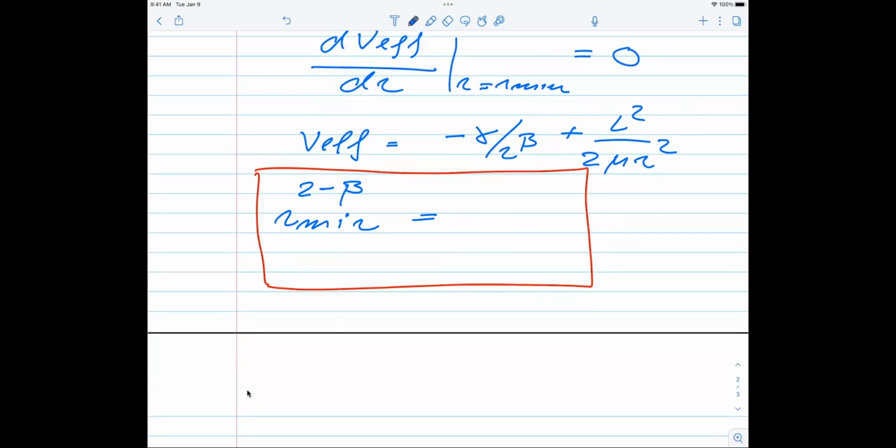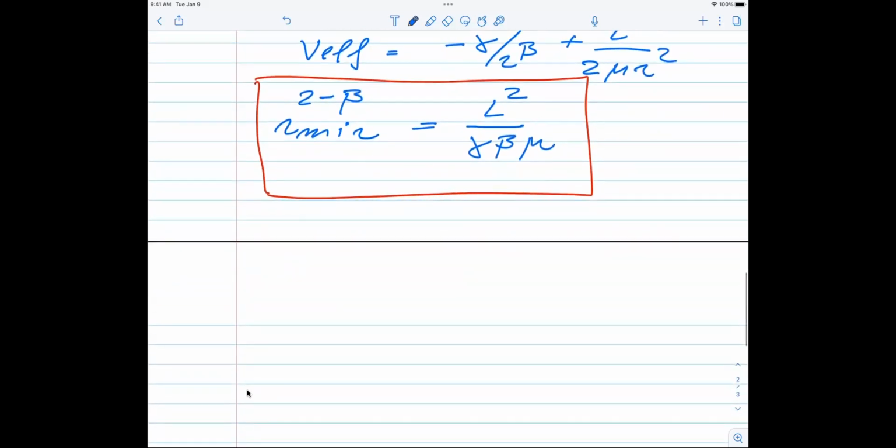Okay, let me write down the answer. So if I did it correctly, and you guys can correct me there, this is going to be given by L squared. So I'm just making it a little bit more general now. Gamma times beta times the reduced mass here.